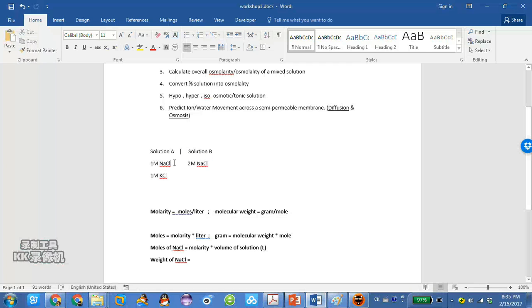This number of particles that 1 molecule can give out, we call the dissociation constant. So for NaCl and KCl, they should both have a dissociation constant that is slightly lower than 2.